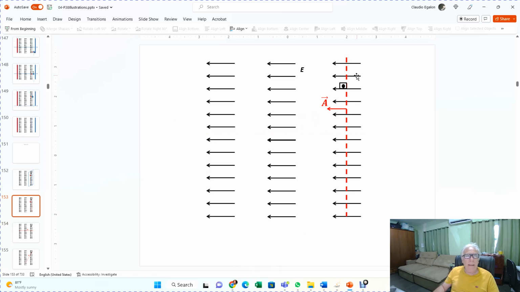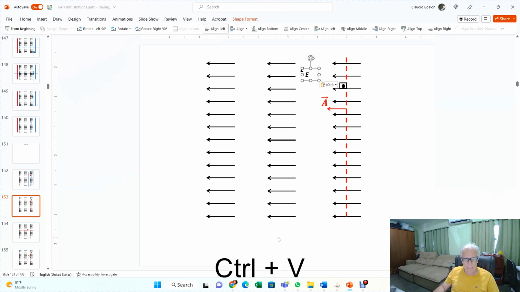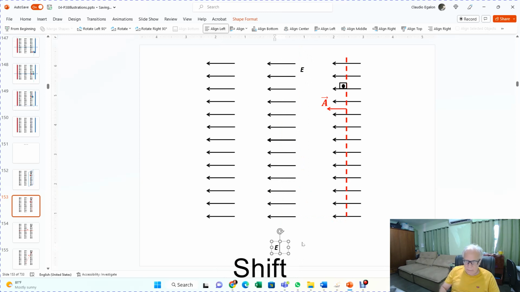Okay? So here you go. I can write that down right in here. Electric flux is EA.